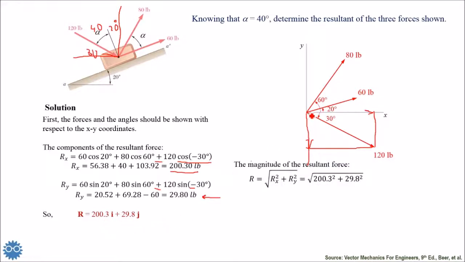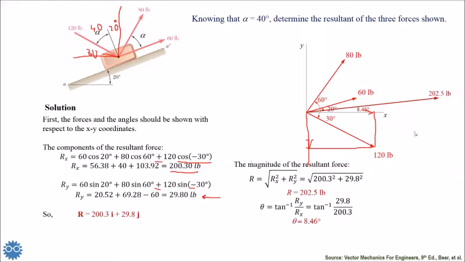That means the resultant will be above the x-axis. So its magnitude is 202.5 pounds. You can round it to 203, no problem. And the angle theta will be 8.46 degrees.